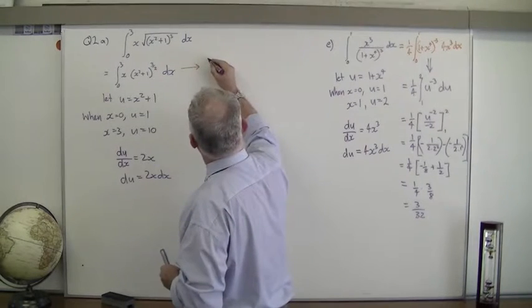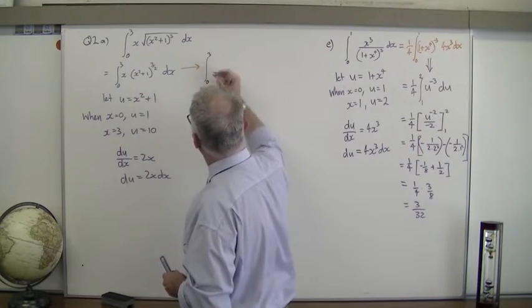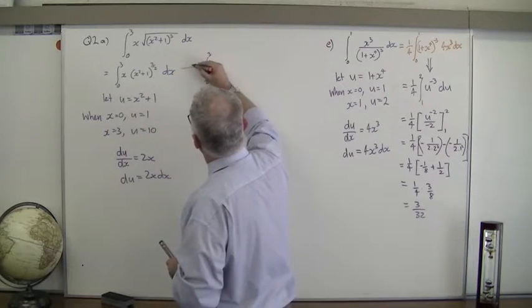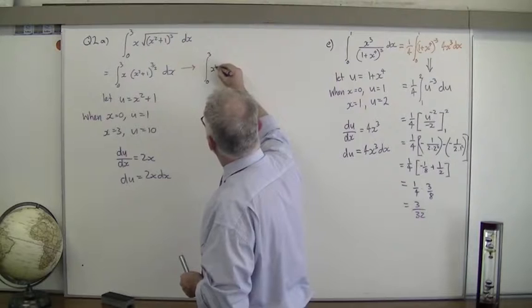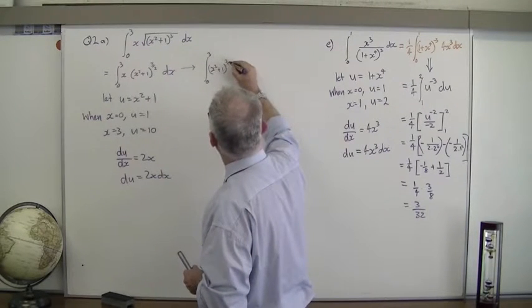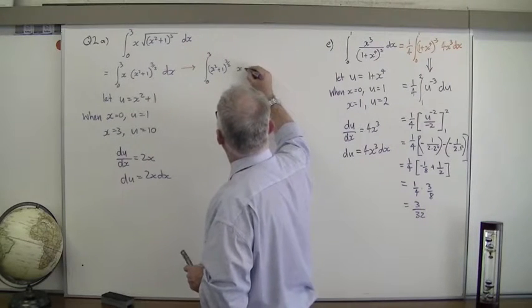We'll put the integral from 0 to 3, still keeping it all in terms of a function of x, and this is x squared plus 1 to the power of 3 on 2 x dx.